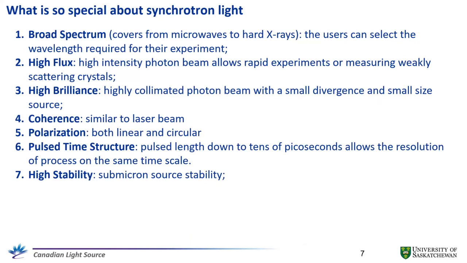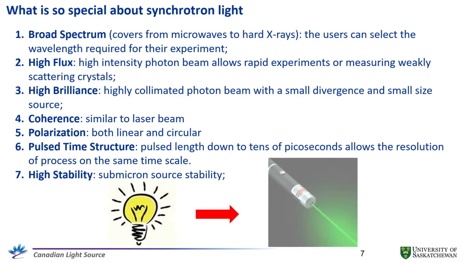There are some other properties of the synchrotron, including coherence and polarization. It has a pulsed time structure, so you can even do very quick measurements of the sample, and it has high stability. These are all very unique properties of the synchrotron.